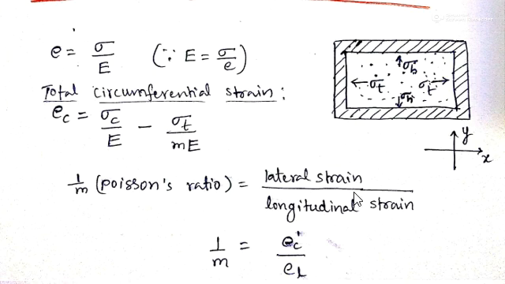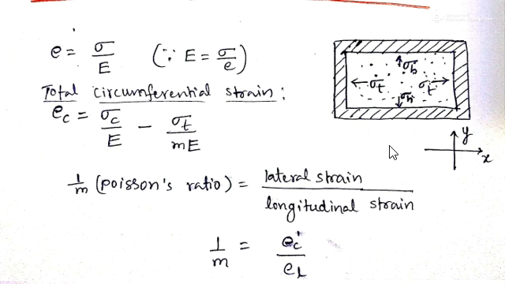So with Poisson's ratio 1 by m, the lateral strain is the circumferential strain, EC dash. I am writing dash because this is the circumferential strain due to the longitudinal stress.